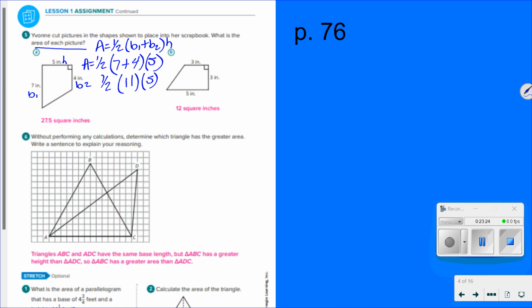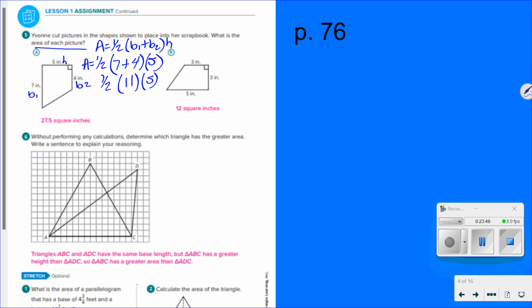Now you can do this 1 or 2 ways. You can divide 11 or 5 in half first, or you can multiply your 11 by 5 first. It's really your preference on how you want to do it. If you are okay with multiplying with decimals, then find half of 11 or half of 5 first.